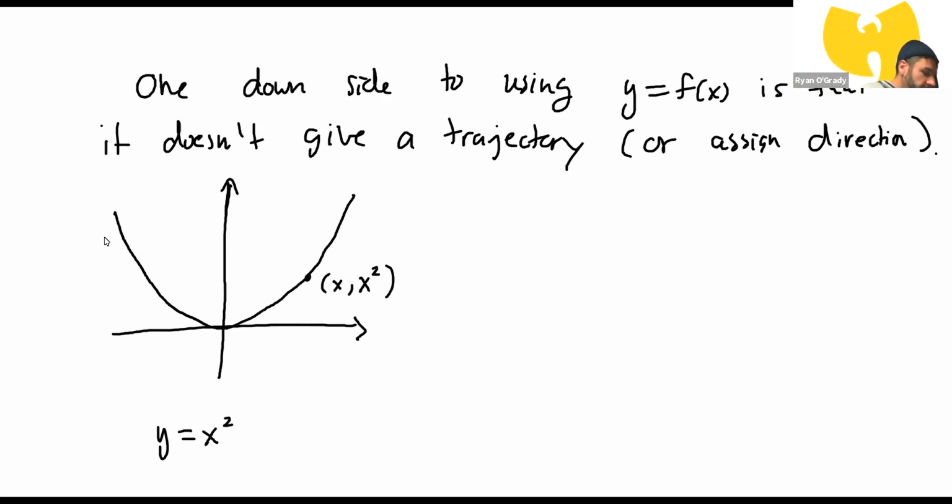So one of the things we'd like to do is assign direction so that we can use curves in the plane for applications. Again, imagine an object moving around a circle. How do we know if it's going clockwise or counterclockwise?